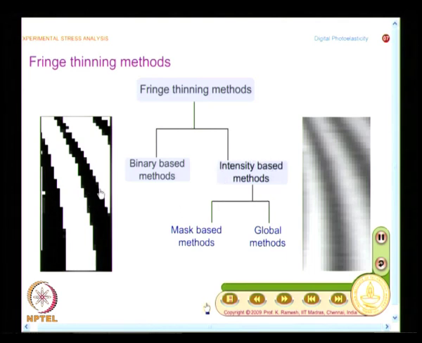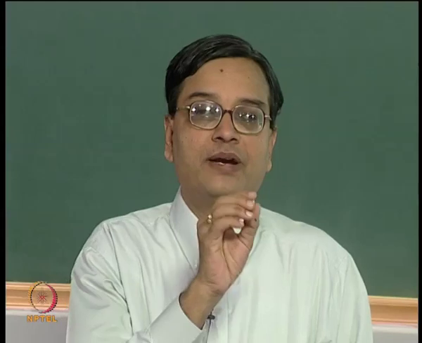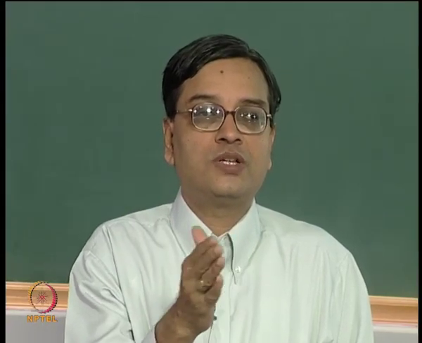In binary based methods, if you look at the genesis, one of the earliest image processing applications was on optical character recognition. So, the challenge was, when somebody writes, the computer should recognize, yes, he has written the letter A, letter B, letter C, and depending on each one's handwriting, the shape may slightly differ, but there would be certain connectivity that would decide whether it is letter A or O, if you take two extremes.